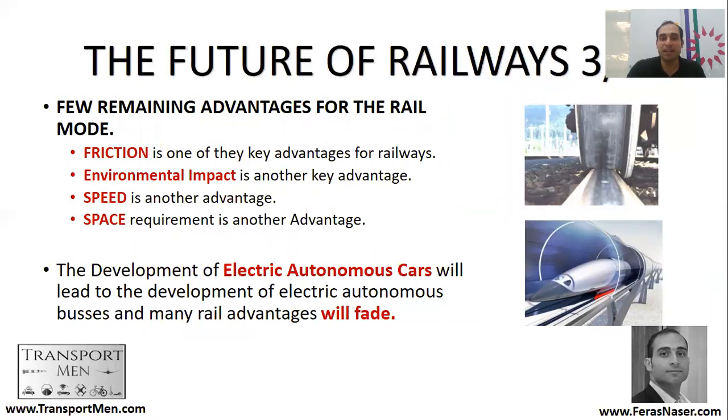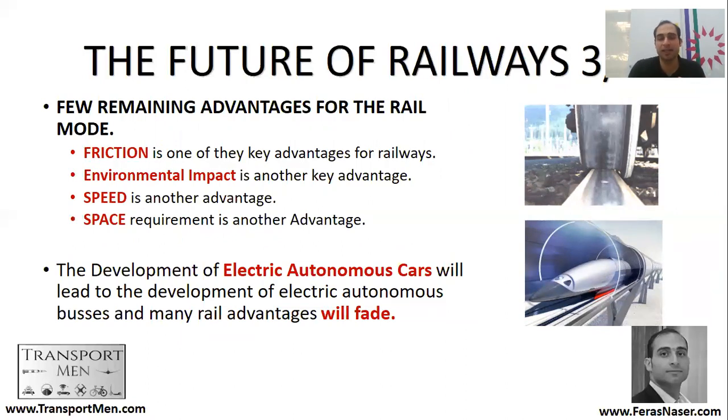Now, a few remaining advantages for the rail. I want to talk about what is remaining for the railway as a transport mode. Friction is one of the key advantages of railways. The wheel-rail interface still has very low friction in comparison with tire and tarmac, so we have lower environmental impact.